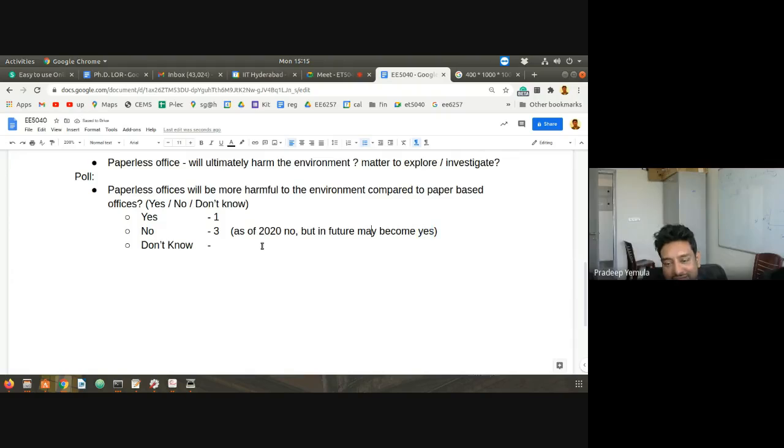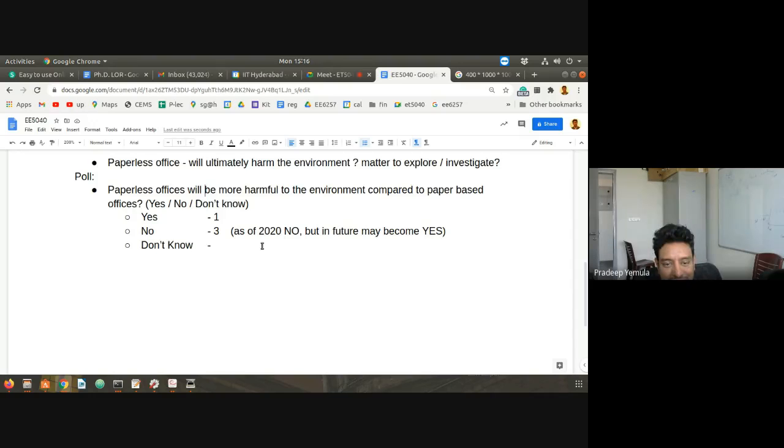See, this comparison is keeping other things equal. For example, let's say there are 100 students and I want to conduct an exam. I can print 100 question papers and give 100 people additional and answer sheets, and they write, and then we put them in an envelope and correct. That is a paper-based examination.